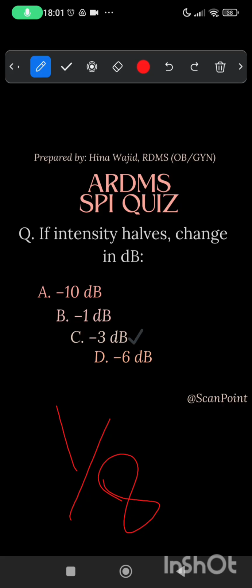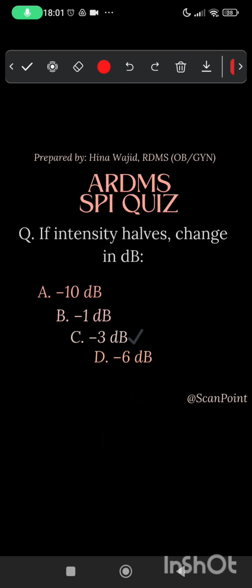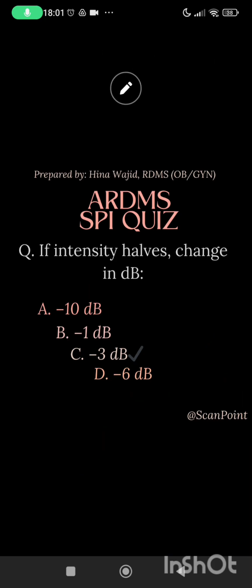Now it becomes 1 by 8, again half, so we add minus 3 to the minus 6. So the answer will be minus 9 decibel change in the intensity. So this is how we can simplify the decibel for the exam.